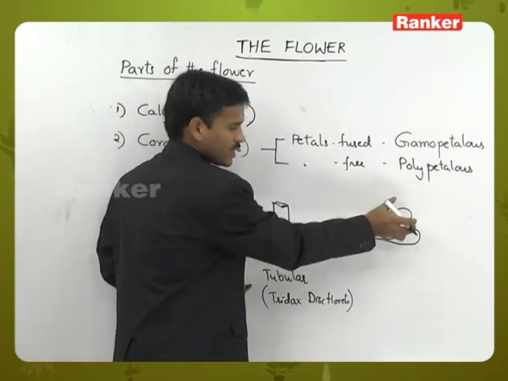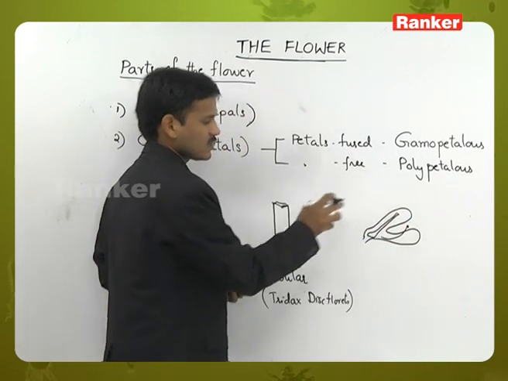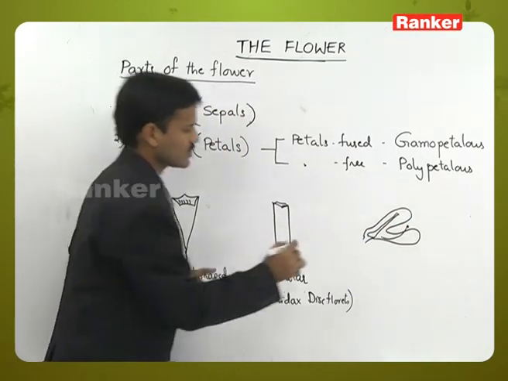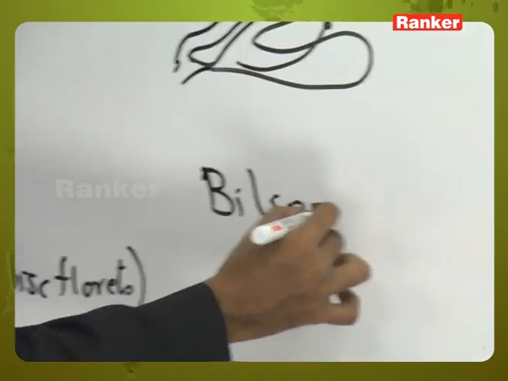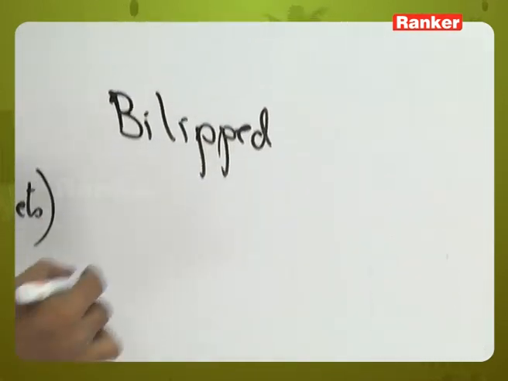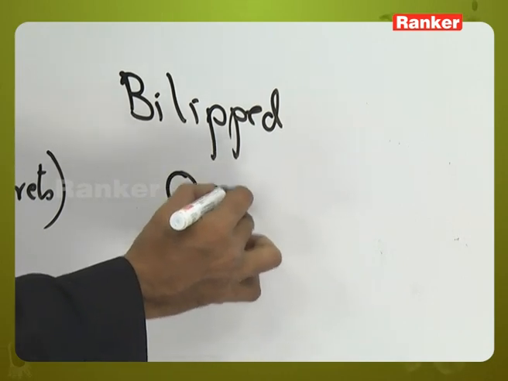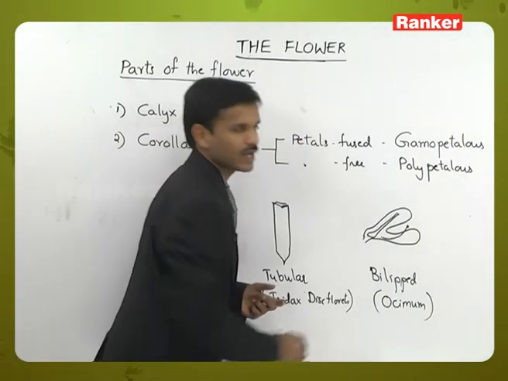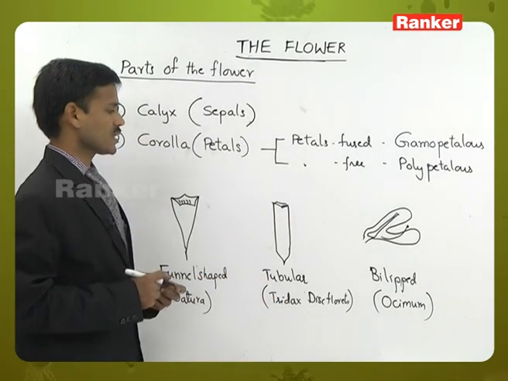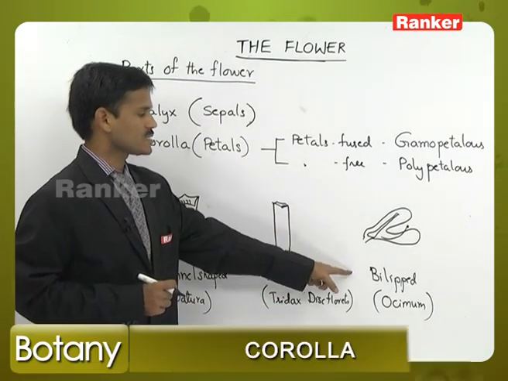So here the corolla is showing a lip-like structure. It is a bilipped corolla observed in Ocimum sanctum. In Tulsi or Ocimum sanctum, a bilipped corolla is observed.